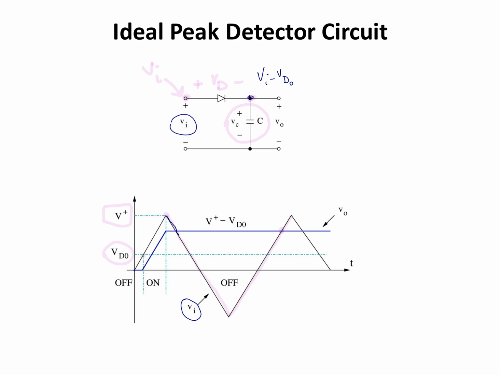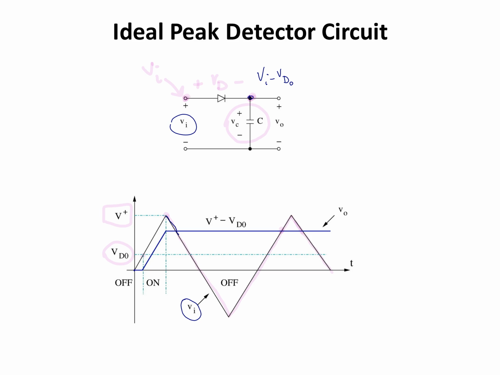At that time point, this node is at V peak, and this node is going to be at V peak minus VD naught. So you have VD naught volts across the diode, but immediately after this time point, Vi is going to start decreasing, and the voltage across the diode is going to be less than VD naught, so the diode is going to stay off.